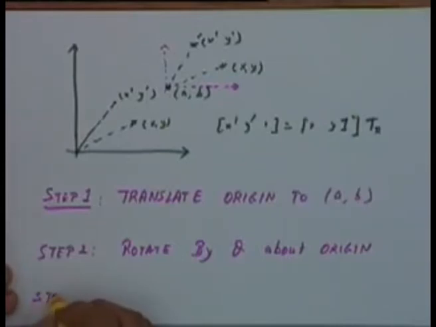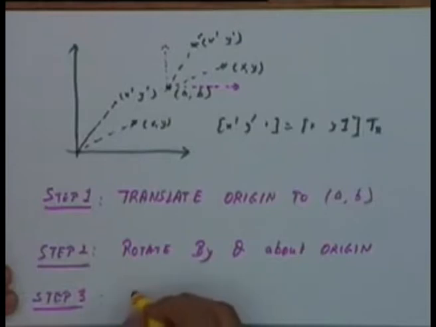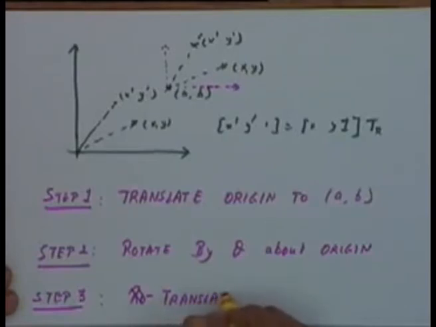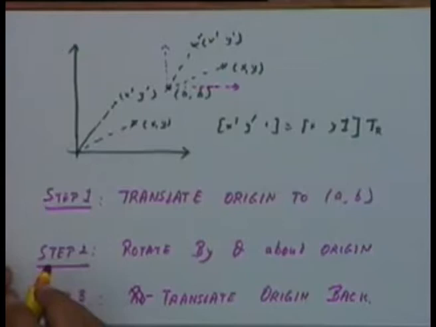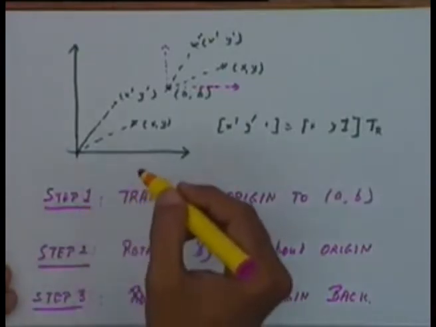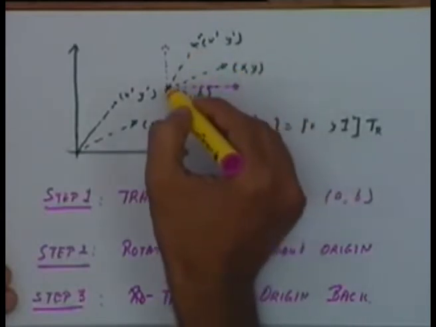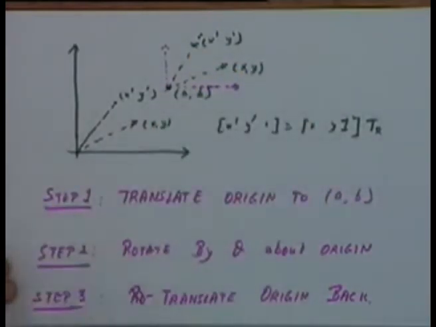And step 3 would be to translate the origin back to its original position. So for rotating a point about any arbitrary point, that can be done as a sequence of these 3 steps.